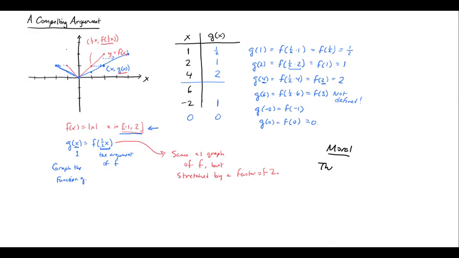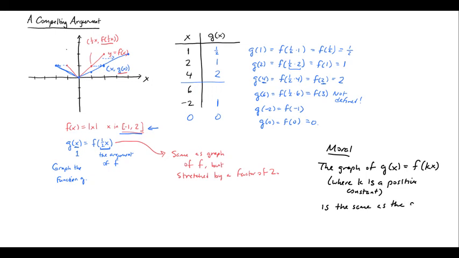Alright, the graph of g of x equals f of kx, where k is a positive constant, is the same as the graph of f, stretched or shrunk by a factor of 1/k horizontally from the vertical axis. Sorry, this is getting a little crowded here, but I think I'm done.